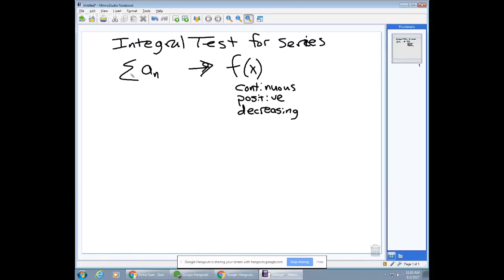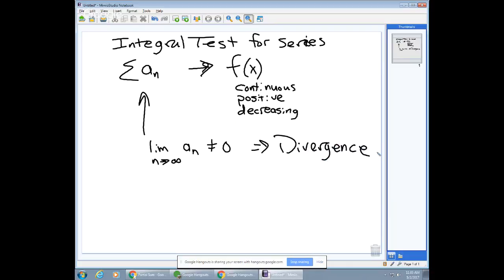But here, the bottom line is we have the divergence theorem we talked about before, and the divergence theorem says if the limit, as n increases, of your a sub n's ain't 0, it diverges. If it is 0, what do we know?